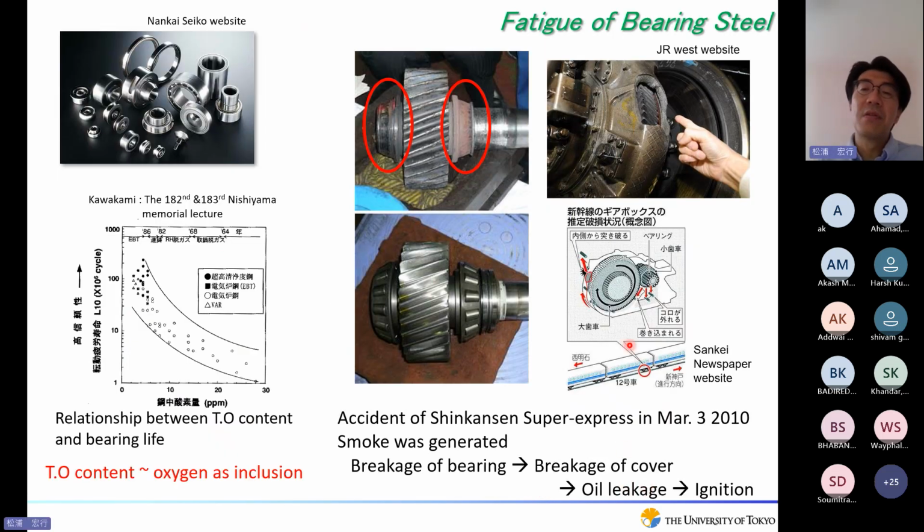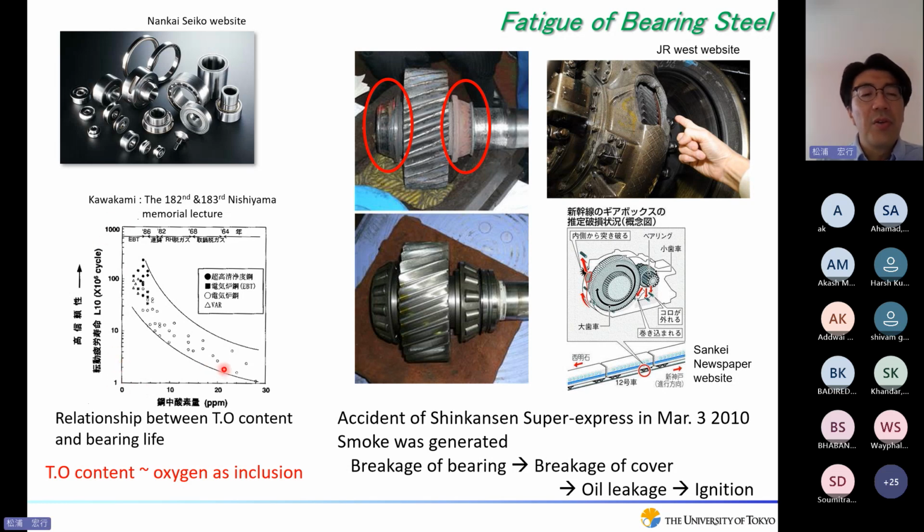The other case is fatigue of bearing steels. As you know, bearing steel experiences a very high mechanical load, so very high cleanliness of the steel is required. I'm sorry, this is written in Japanese, but this figure shows the relation between the oxygen concentration in the steel products on the horizontal axis and the reliability of the material.